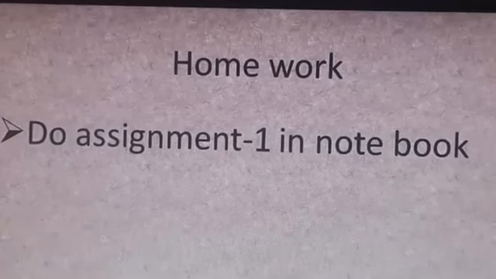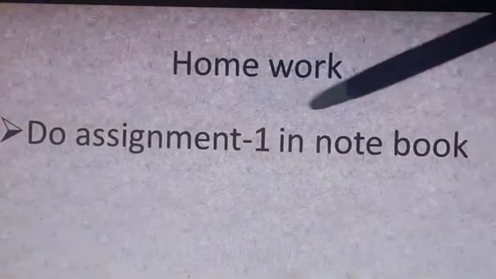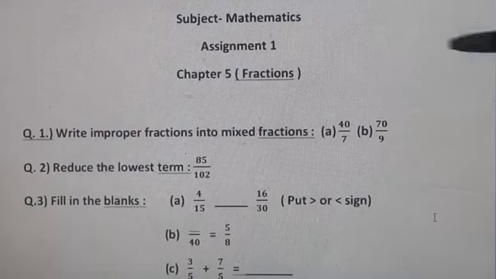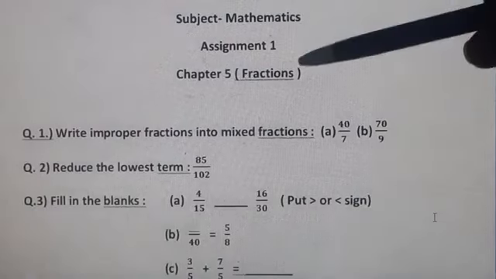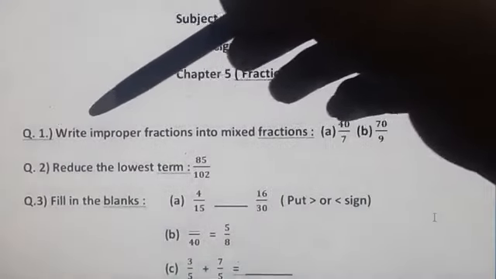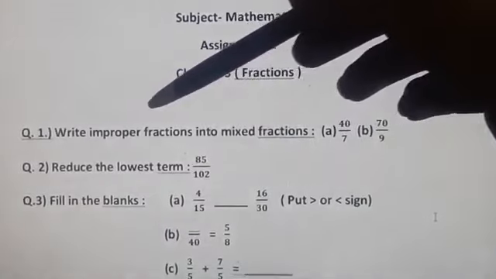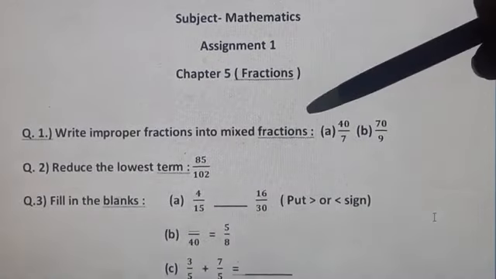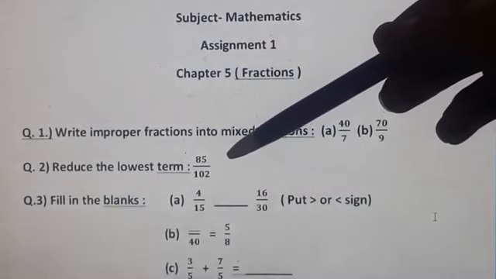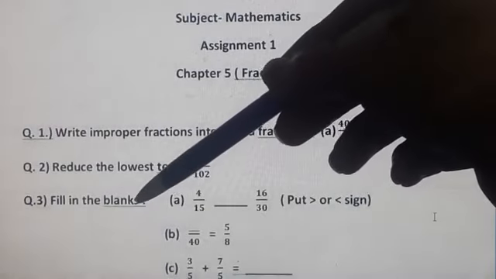Time to take homework. Homework is assignment 1 in the notebook. Here is your assignment. Assignment 1 of chapter 5. Question number 1. Write improper fractions into mixed fractions. Question 2. Reduce to the lowest term. Then question number 3.